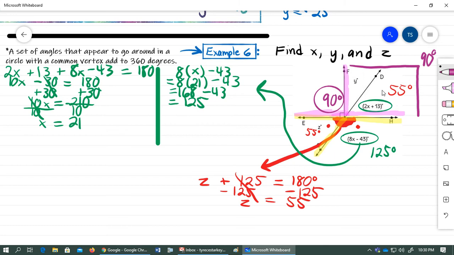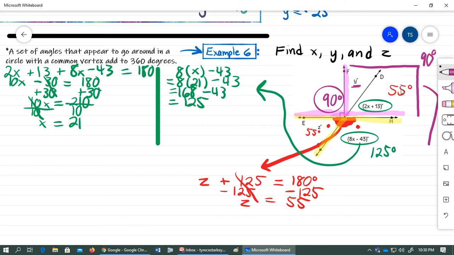So this whole thing on the right side where you see this purple is 90 degrees, and a part of it is 55 degrees, then guys, we need to figure out what exactly this angle right here is. We need to figure out what y is using that fact, okay?